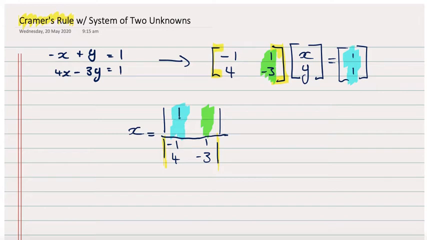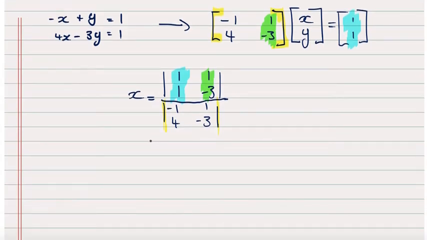So subbing in the values of 1 and 1, and 1 and -3, we can evaluate this by going 1 times -3 minus 1 times 1, and that's all over -1 times -3 minus 4 times 1.